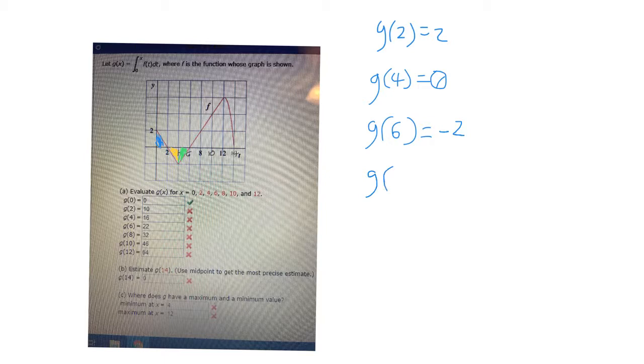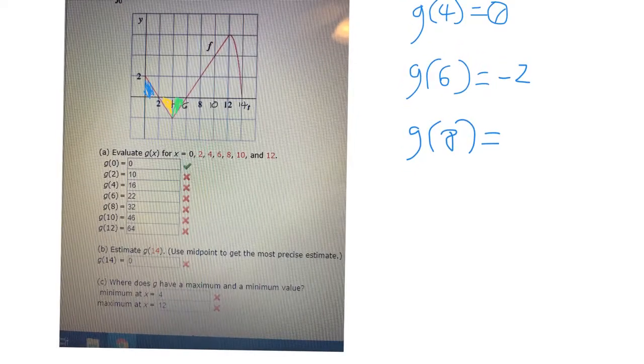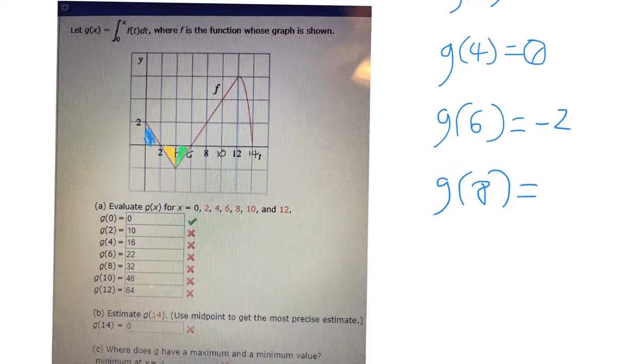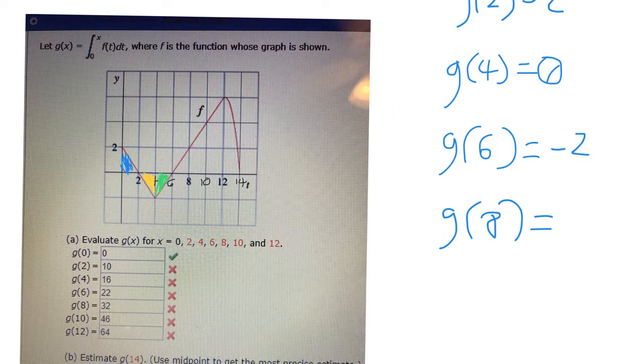All right, and then we have g of 8. Well, so far, once again, keeping track of what we have so far, we have an area of -2. So g of 8 is asking us to take into account what we have before, and then we are adding this new triangle, which I'll shade in red.